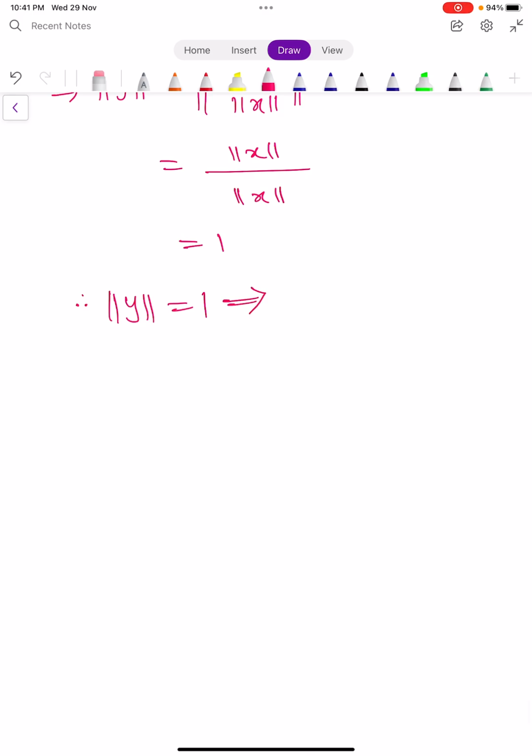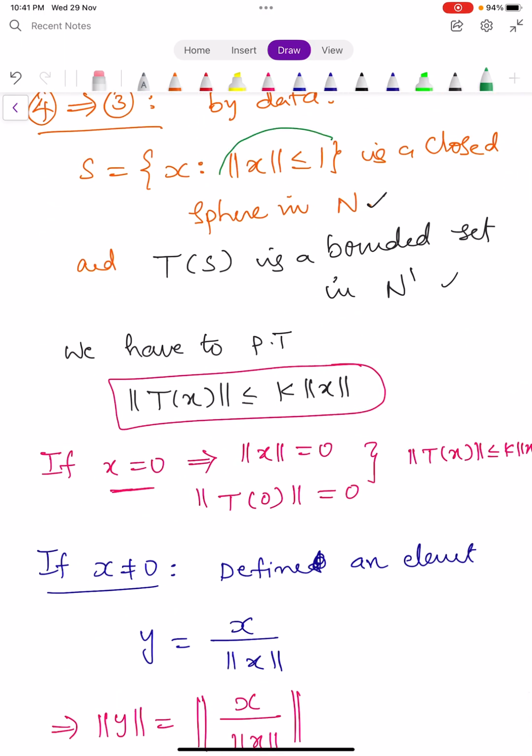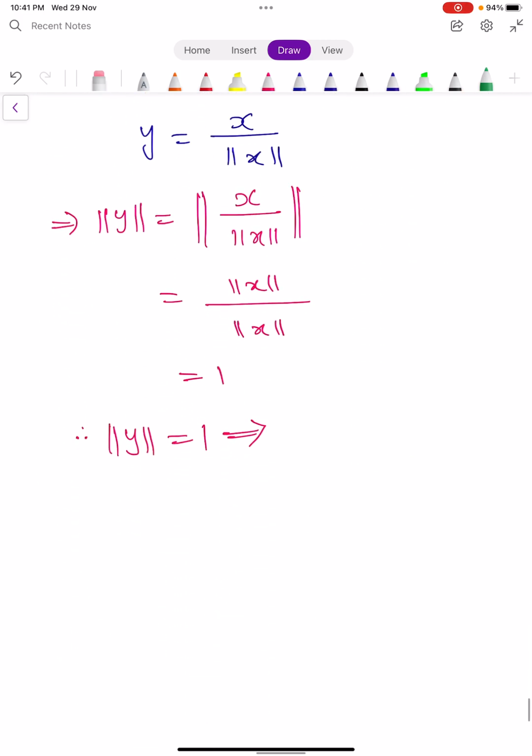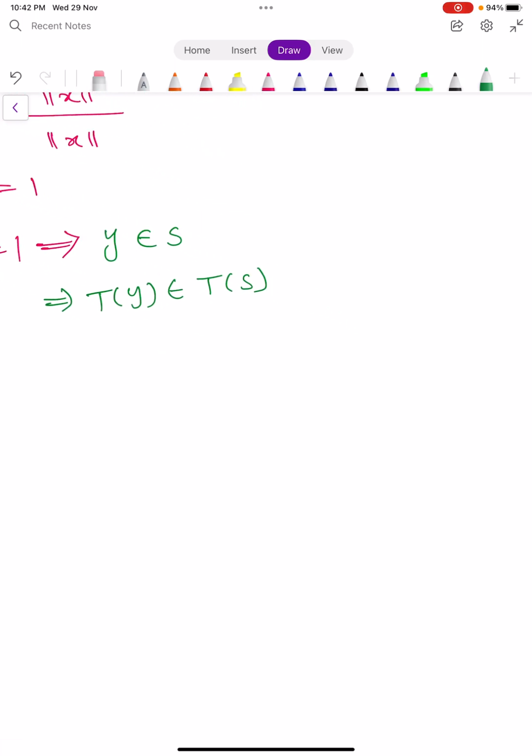If norm Y equals 1, by applying the definition of S, what is S? S is the set of all elements whose norm is less than or equal to 1. Here norm Y equals 1 implies Y belongs to S. If Y belongs to S, then obviously T of Y belongs to T of S, and T of S is bounded.